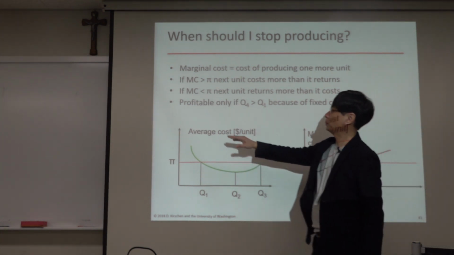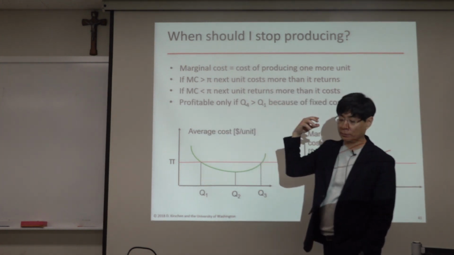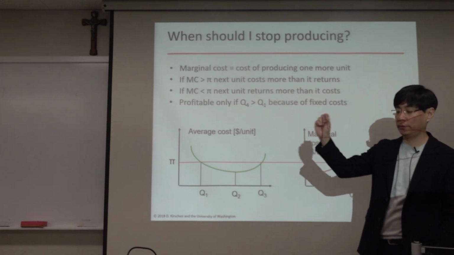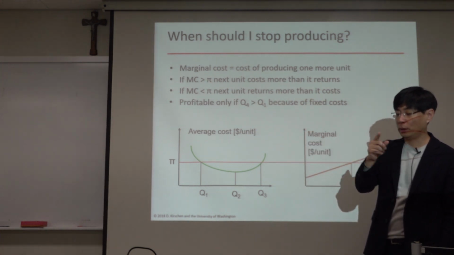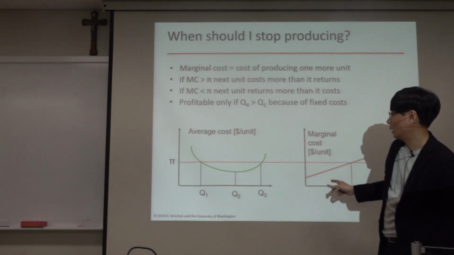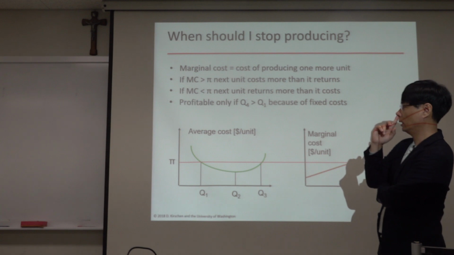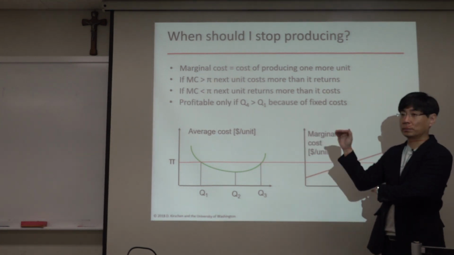So here, this profitable implies we need to consider the total cost, the fixed cost plus the variable cost. So we are profitable only if this average cost is less than the market price.